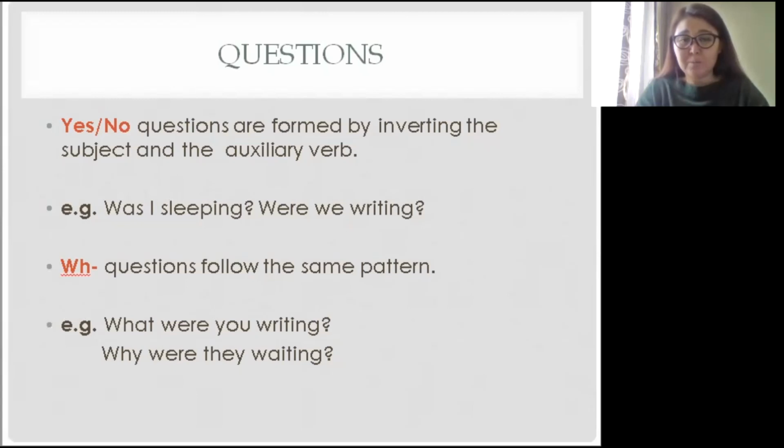So we put the auxiliary verb at the beginning of the sentence. In the questions with question words, we put the question word at the beginning of the sentence before the auxiliary verb and then follow the same pattern.